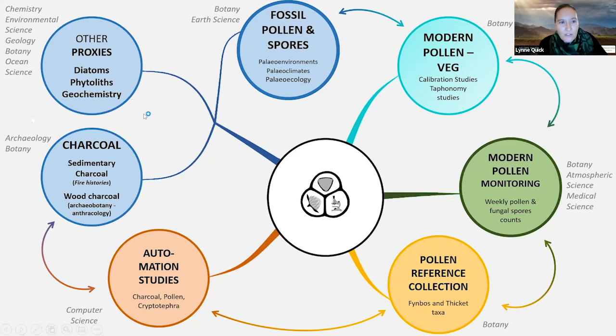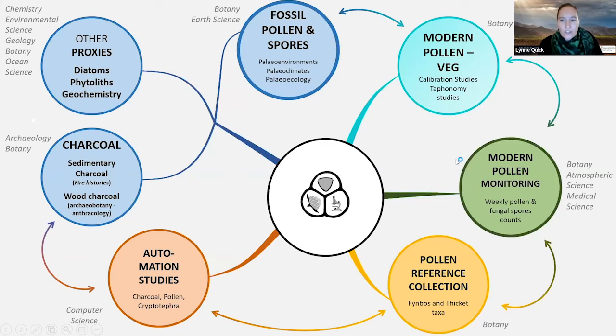Many different types of proxies which are really useful, such as diatoms, looking at diatoms and fossil records from the coastal wetlands that we have, as well as, as I mentioned before, charcoal in various forms to look at the archaeobotanical work done in archaeological deposits, and then the micro and macro charcoal, which are found in sedimentary sequences. And which leads into what I mentioned before in terms of tying modern pollen vegetation calibrations, looking at the ecology and linking that to the palaeoecology.